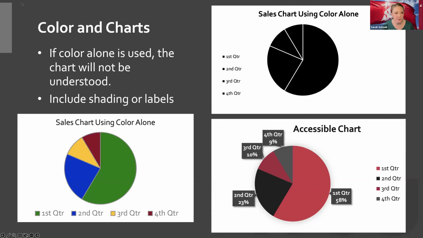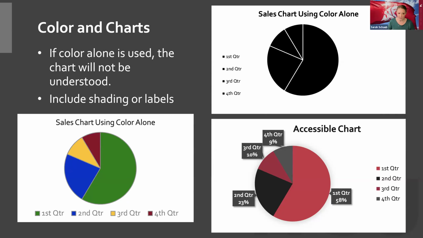So it's really important to not just use color alone because the chart will not be understood without the proper labels. So I have a sales chart using color alone. It's just broken up into first, second, third, and fourth quarter. No additional information is given, and it's all in black.